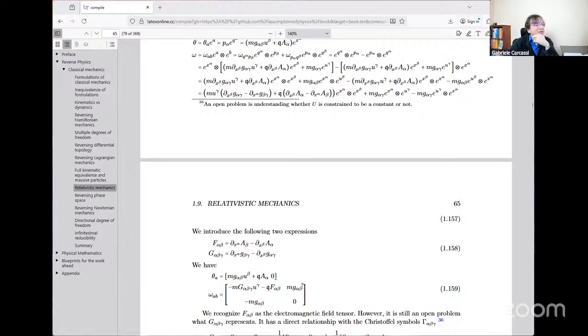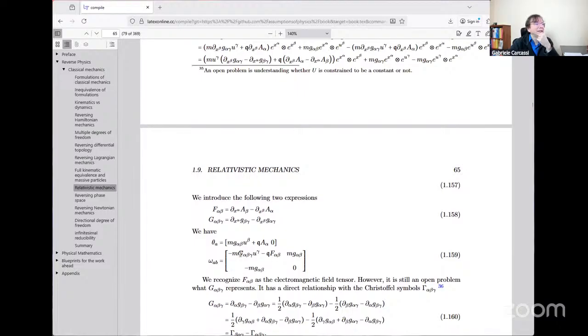You can just see that this is just the metric tensor times m, while in the space-time components, you get minus q times the EM field minus this G alpha beta gamma that we defined, contracted with the four velocity. And I have no idea what this thing is, as will be discussed afterwards.